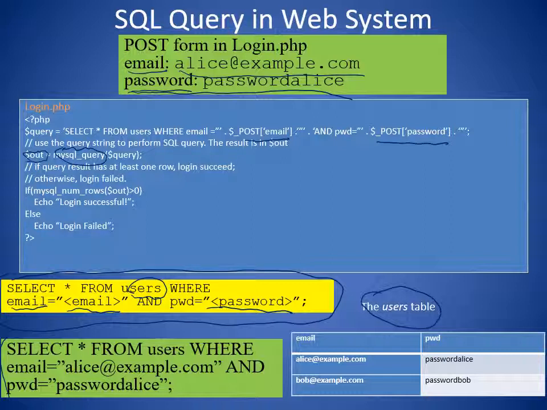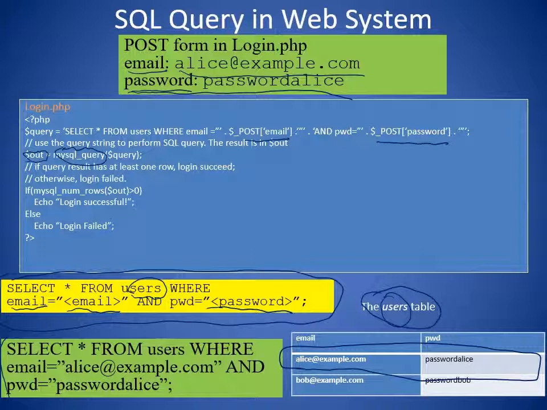So when you see this user table here, the database system is going to find all the records whose email is alice@example.com and whose password is password alice, and it will identify the first record.